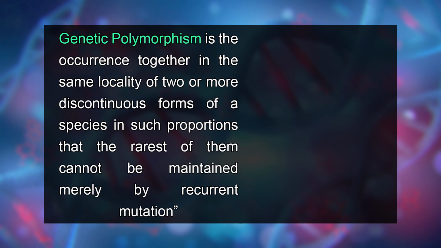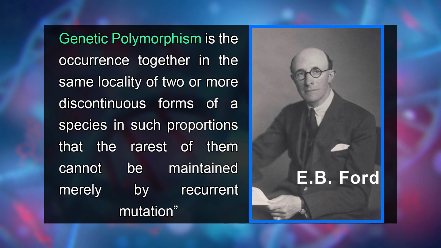Genetic polymorphism, as defined by Ford, is the occurrence together in the same locality of two or more discontinuous forms of a species in such proportions that the rarest of them cannot be maintained merely by recurrent mutations.